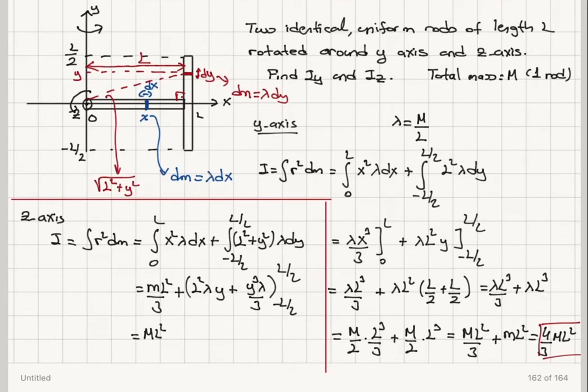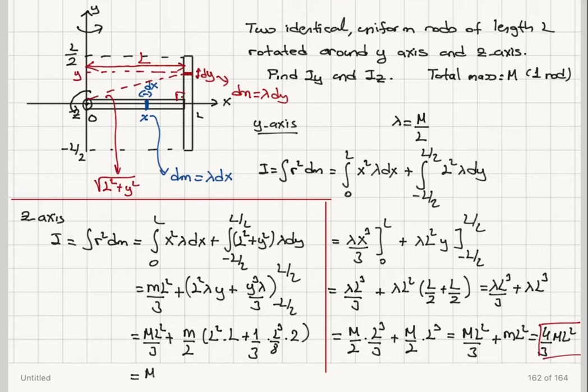So this will give me ml squared over 3 plus lambda, which is m over L, times L squared times L over 2 minus minus L over 2, which gives me just an L. And then here I have plus 1 over 3, lambda having been taken out as m over L, y cubed, it is L cubed over 8 minus minus L cubed over 8, so I will have a factor of 2 here.